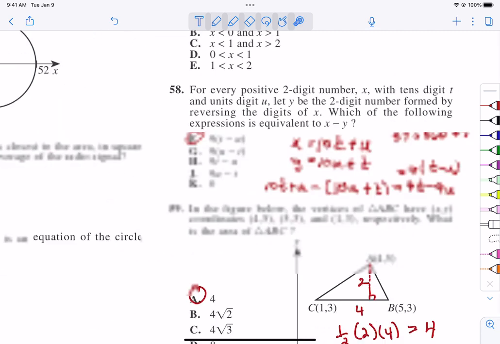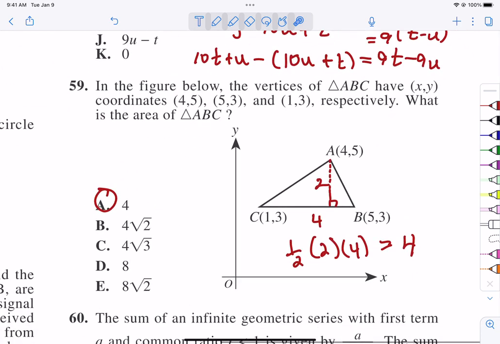Okay. For 59, that is a triangle whose base is 4 units with an altitude, a height, of 2 units. Why? See how these are 3s? And this is a 5, so since that is flat there, since these two line up perfectly from left to right horizontally, then this perpendicular has a height of 2, the base is 4, and then you just do 1/2 base times height.